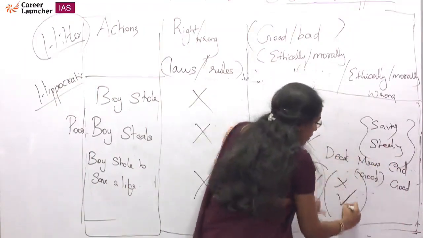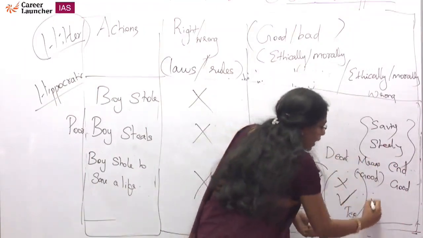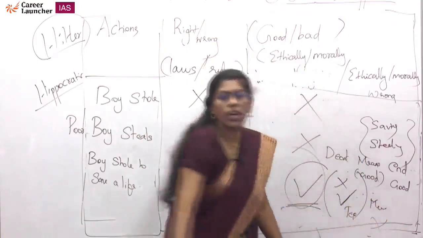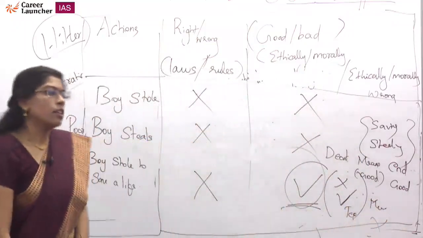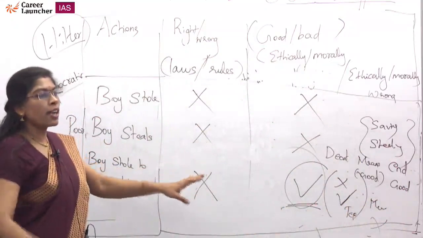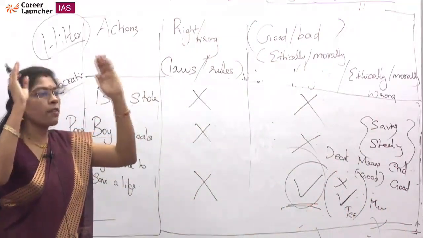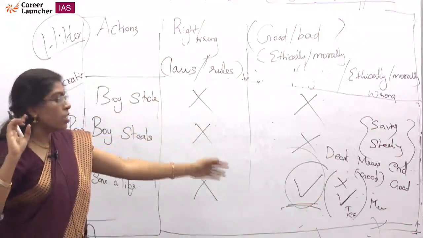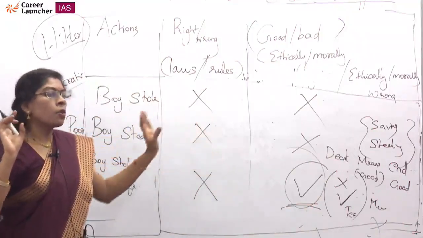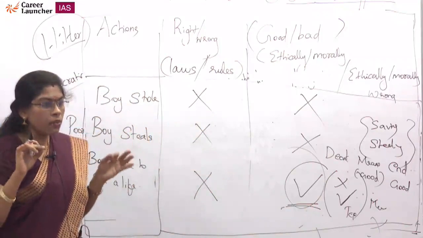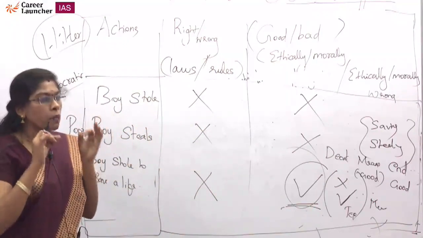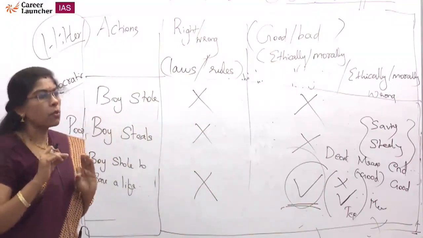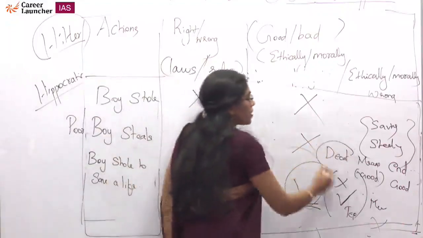But teleological ethics says, I don't care about the means, I care only about the end. The end is to save a life, I will do anything to save a life. That is teleological ethics. But deontological ethics says, no, even though I have to save a life, I will choose only good means. I should not steal. We can't apply this in every situation.